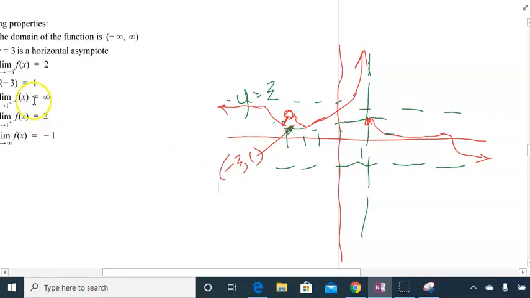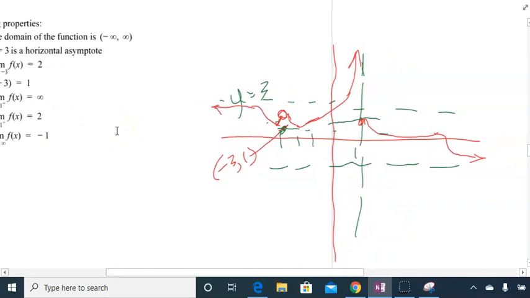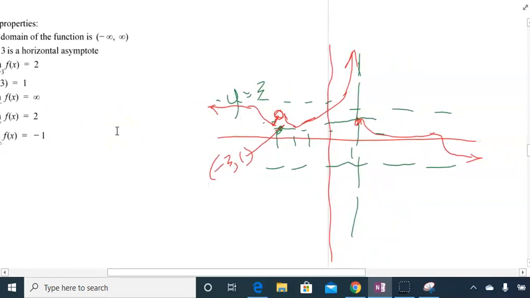Then the limit as x approaches 1 from the left is positive infinity, and approaching 1 from the right is equal to 2. So this here is x equals 1. And also the limit as x approaches positive infinity is y equals -1 right here. So this is what a graph of this could possibly look like.